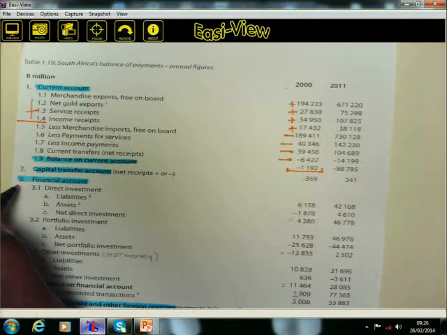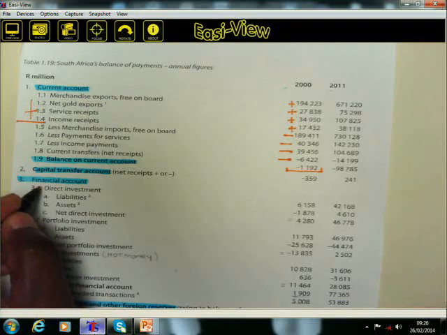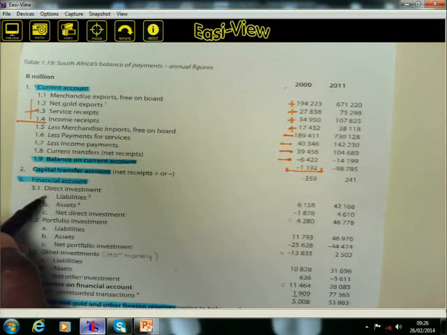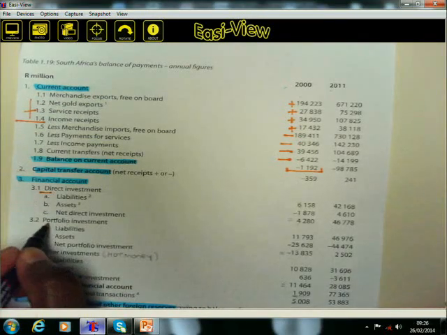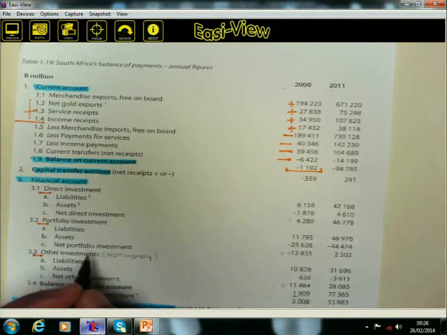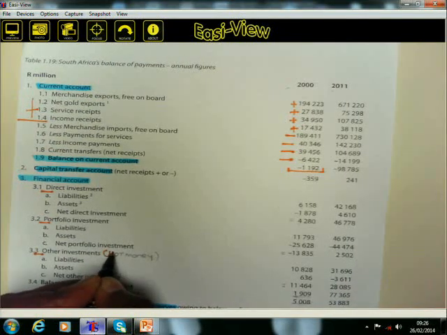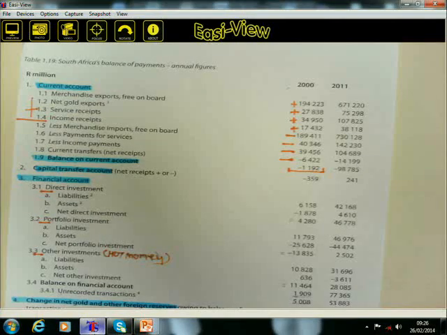The third account is the financial account. The financial account consists of 3 sub-accounts, meaning that we have direct investment, portfolio investment, and other investment. In other investment, we have what you can call hot money.